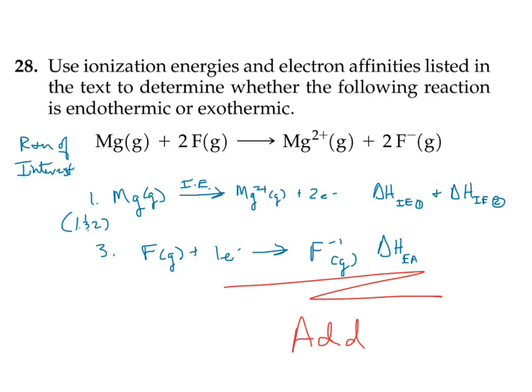And then the fluorine, well, fluorine is going to pick up electrons, so you're going to use the value in your textbook for the electron affinity for fluorine picking up an electron. You're going to have to scale this one up, though, aren't you? Because it's not just 1, it's actually 2 there.